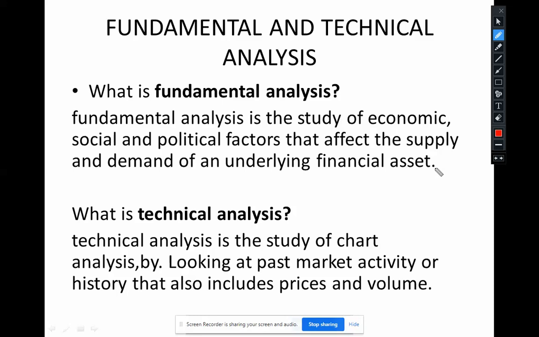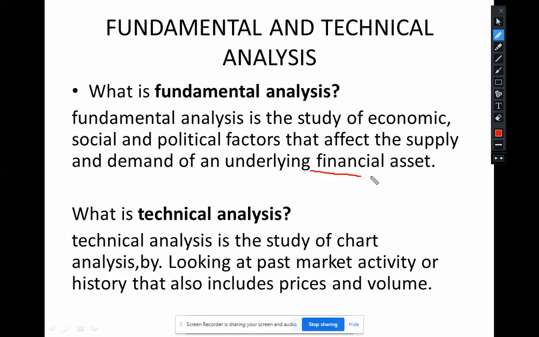Very simple: it is the study of economic data that affects the currency. So fundamental is the study of economic, social, and political factors that affect the supply and demand of an underlying financial asset.